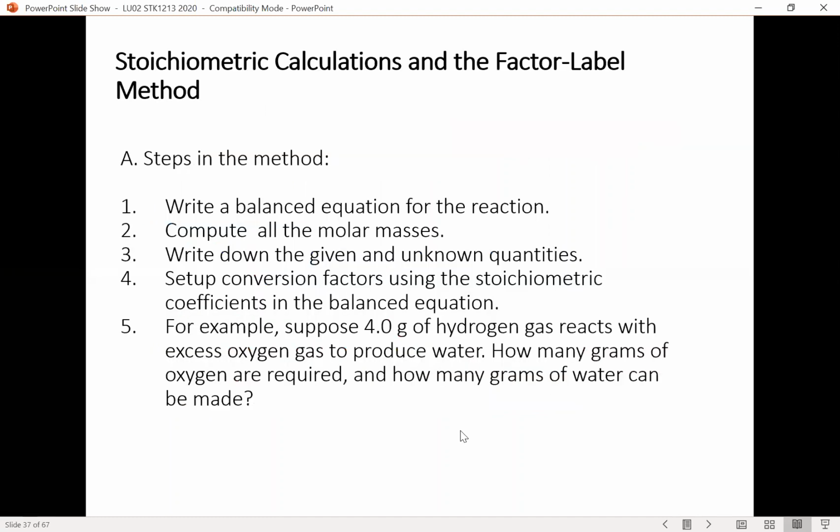Okay, now we move to stoichiometric calculation and the factor label method. Just now we have learned some units of concentration, how they are defined, and how we use them. Now I'd like to move to how we use the stoichiometric approach in solving analytical chemistry related problems or calculations.